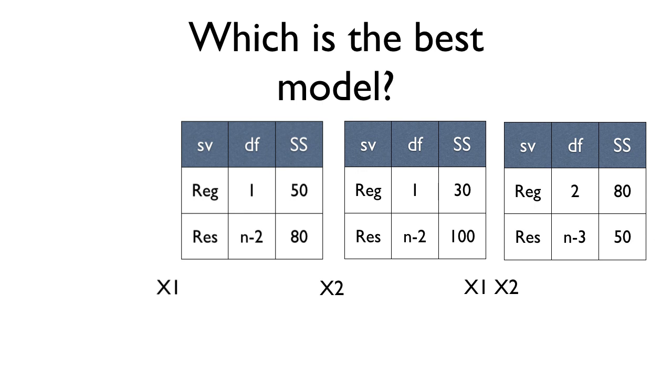That's nice. The complexity isn't bad. It's only got two variables. It's explaining 8/13 of the variance in y, 80 out of 130, compared to 30 out of 130, or 50 out of 130. Those are good. Right?